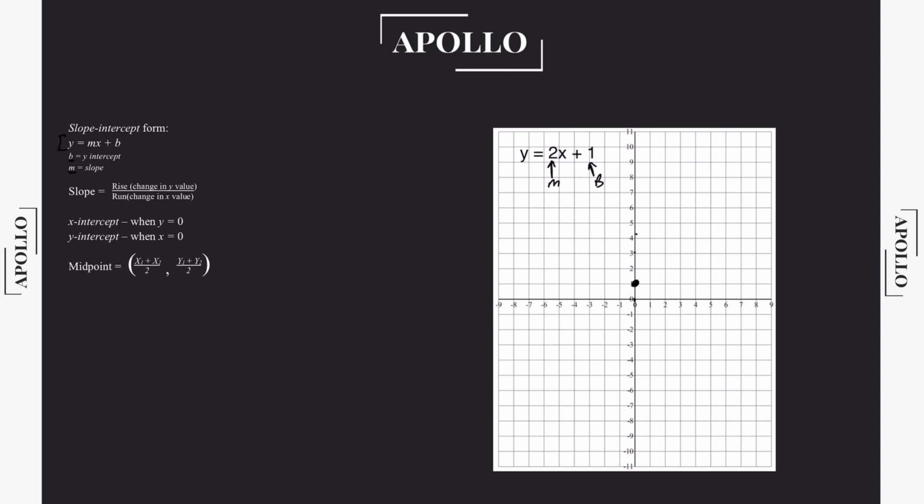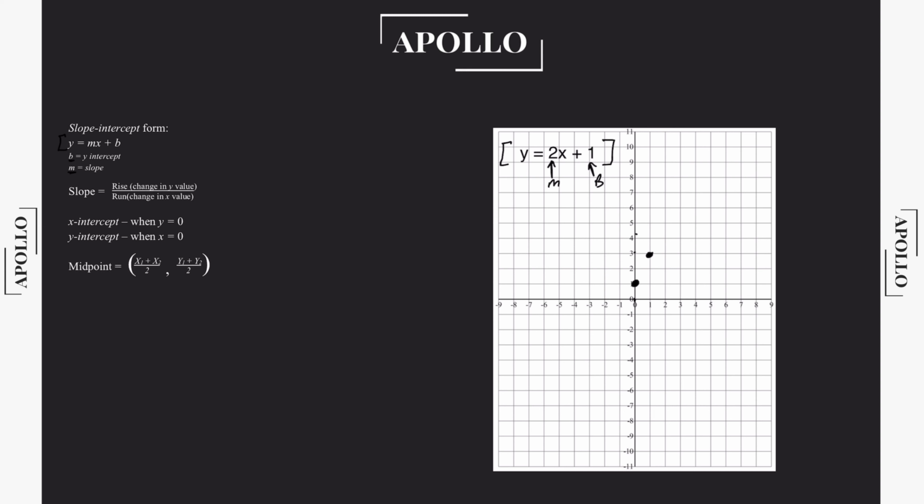But how are we going to graph this line? The way we're going to do this is a function. This formula is a function. If we plug in an x value, it'll give us the y value. So let's plug in a couple x values so we can graph this line. If we make x equal to 1, it'll be 2 times 1 plus 1, which will give us 3. So it'll be 1 comma 3.